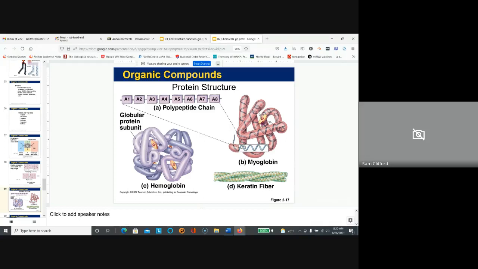You can make myoglobin, which carries oxygen in muscle. You can make keratin, which waterproofs your skin. Notice, which amino acids are joined together determines the shape of the protein chain. They can be globular or longitudinal fibers.